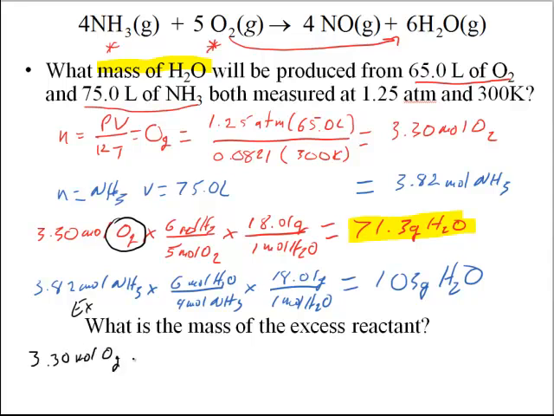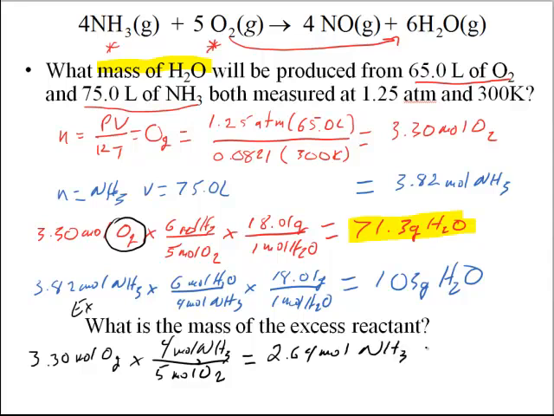Again, that's my limiting. Just do a mole ratio between the two reactants. For every 5 moles of O2, I'm going to use 4 moles of ammonia, and that would give me 2.64 moles of ammonia. That's how much I need.